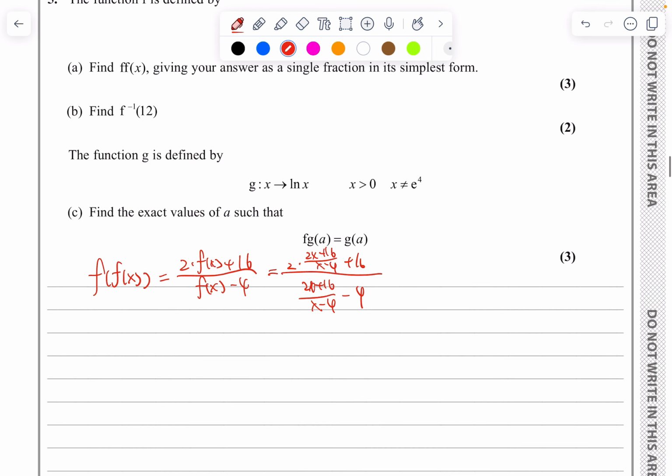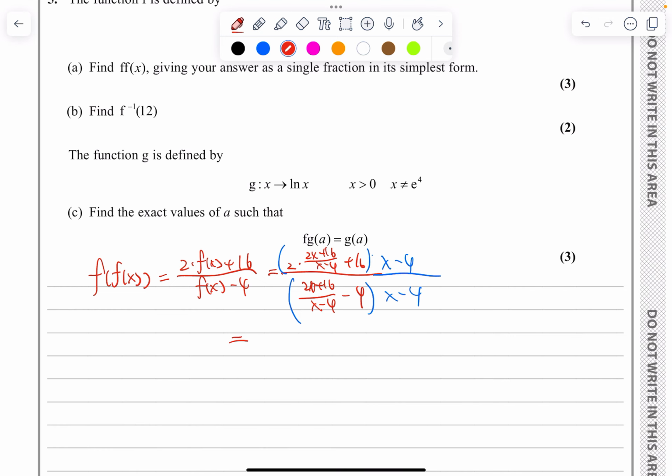Well, it looks hard, but actually, okay, it is quite hard actually. So what I like to do is I like to multiply both up and down by x minus 4, right? Because this way we can cancel out the most annoying part, the most ugly part.